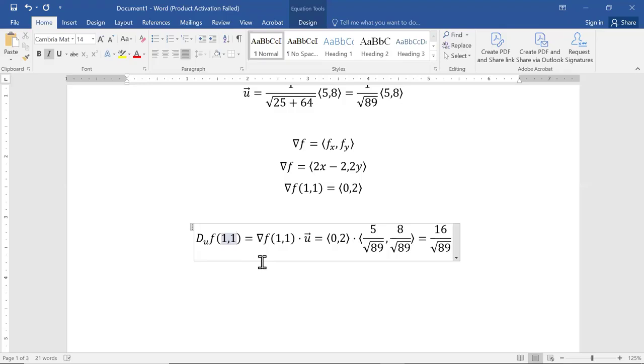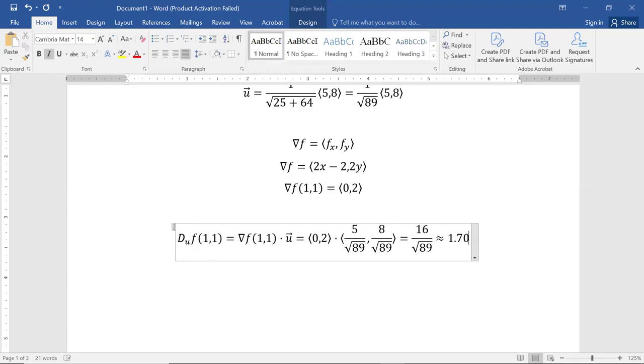So that's the idea. By the way, that's about 1.70 if I round it to 2 decimal places. It's just under 1.70. But there you have it.